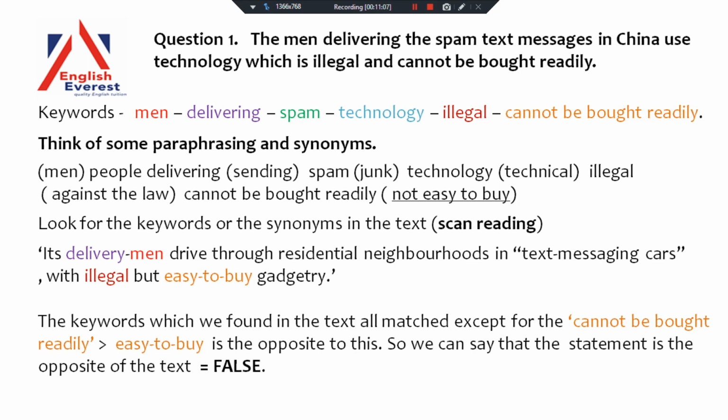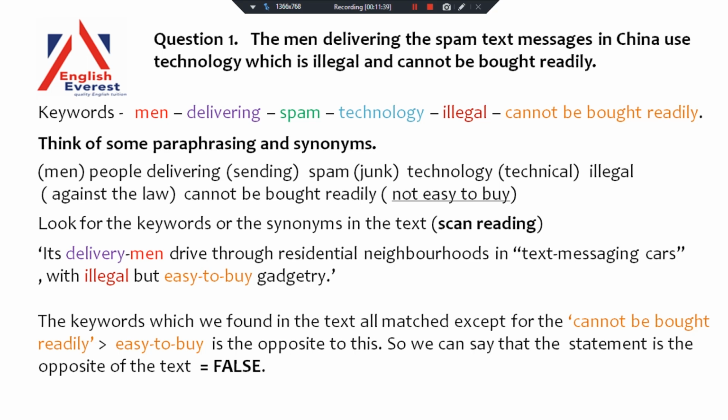So now we go back to the text and we look for these keywords or the synonyms in the text by scan reading. As soon as we find those words, we read around that section. So here's the text. It's delivery men drive through residential areas in neighborhoods, text messaging cars with illegal but easy to buy gadgetry.